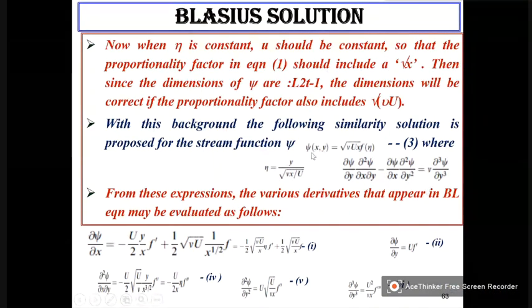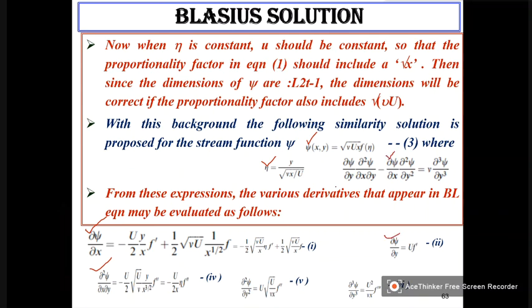So what we do is we take this and this and get dou psi by dou x. Dou psi by dou x is this, plus then dou square psi by dou x dou y, and dou psi by dou y.